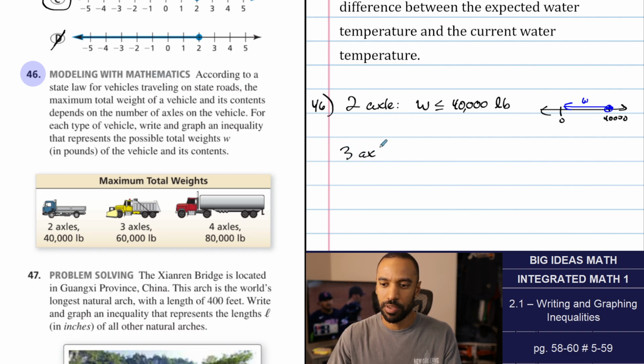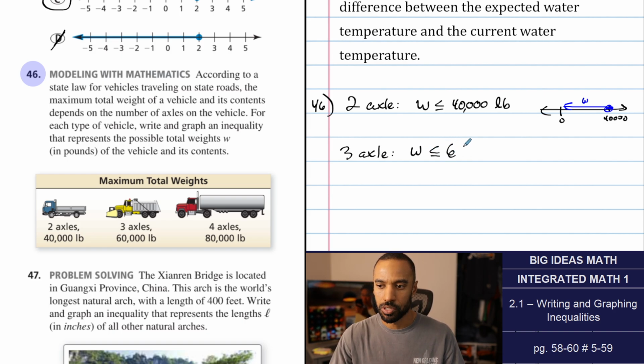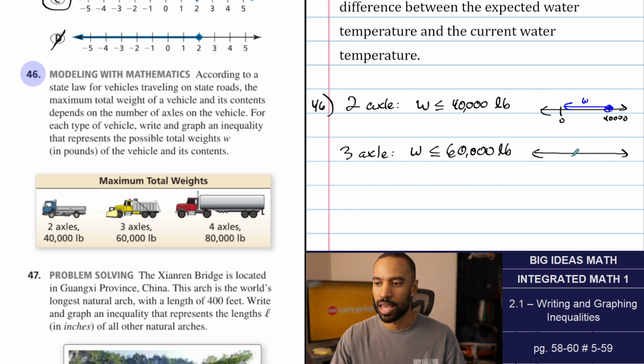A 3-axle vehicle, our weight must be within 60,000 pounds. Well, within, I think, might mean you can't include 60,000. So it may not exceed 60,000 pounds, less than or equal to that. Same thing. All these graphs, guys, I'm not going to beat around the bush with it. I'm just working this way. Less than or equal to this one, to the left there.